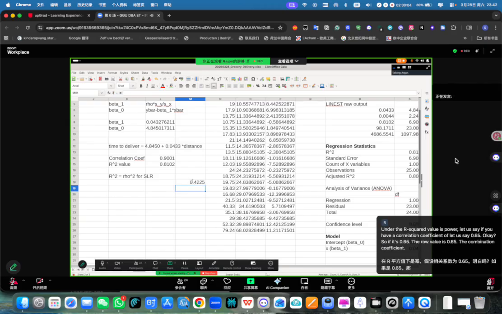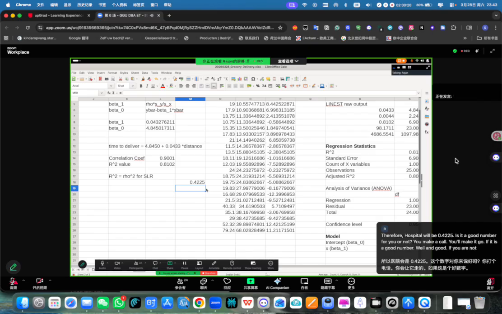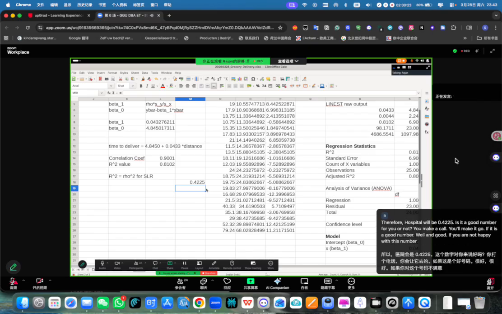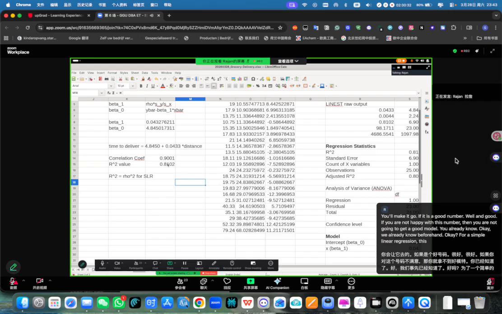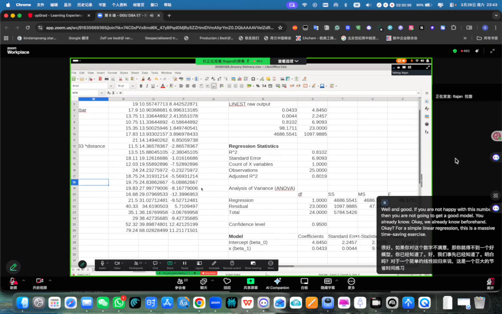Therefore, R squared will be 0.4225. Is it a good number for you or not? You make a call. If it is a good number, well and good. If you are not happy with this number, then you are not going to get a good model. You already know beforehand. For a simple linear regression, this is a massive time-saving exercise.